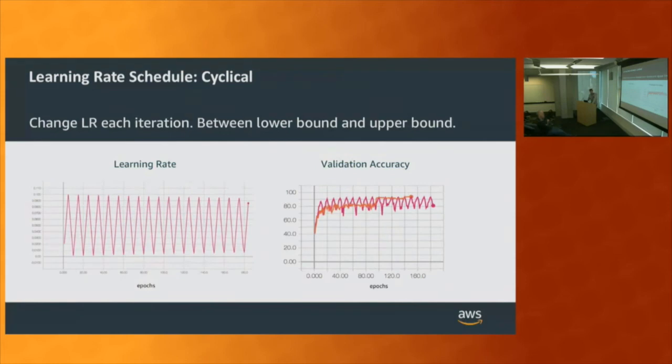And we reach lots of different minima, or at least that's what the theory is behind. Every point that we reach at the peak of the validation accuracy could potentially be a different local minimum. And the reason why this could work is because we're decreasing the learning rates much more smoothly. We don't take a big step. So we can find a much flatter local minimum, which generalizes better.